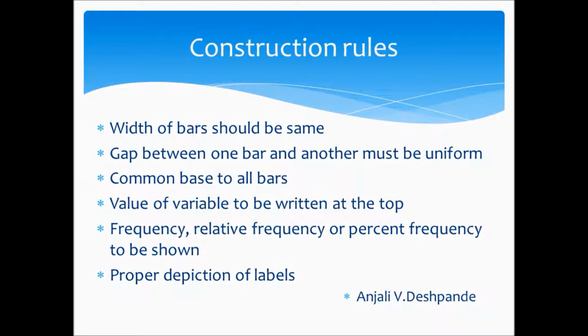And next, the values of the variables or class boundaries, in the case of grouped data, should be scaled along the horizontal axis, and the number of observations, which is of course either the frequencies, relative frequencies or percentage frequencies, should be scaled along the vertical axis, and proper labels should be shown for the same.